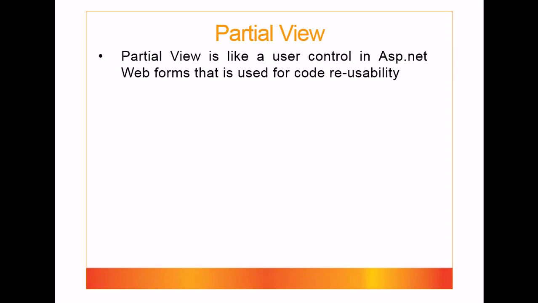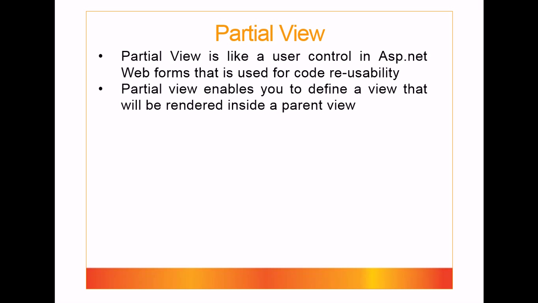A partial view is like a user control page in ASP.NET web forms that is mainly used for code reusability. A partial view enables you to define a view that will be rendered inside a parent view. So a partial view is like a child view which you create, and you render this child view inside a parent view.